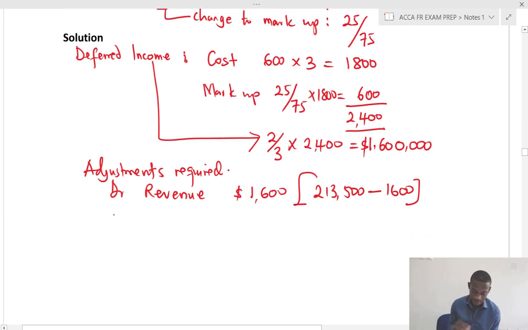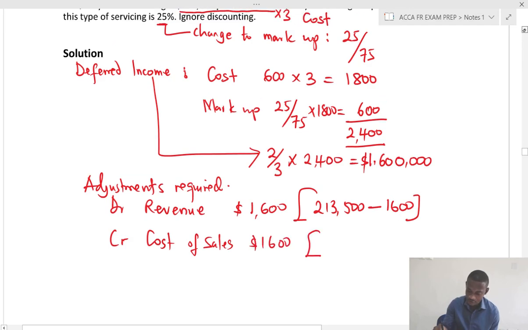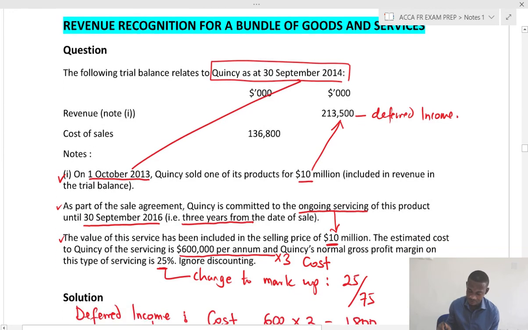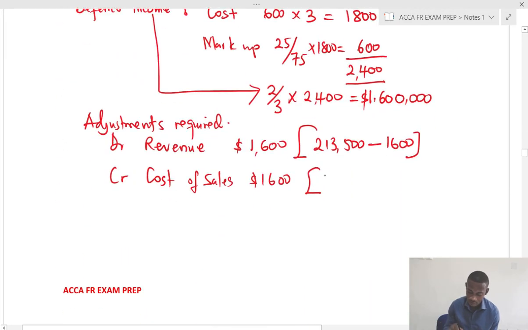Again, because it's in revenue, we have it in cost of sales. So we have to deduct from cost of sales. So we'll credit cost of sales to deduct it from it. So the cost of sales you see on the face of the trial balance, 136,800. Again, we deduct 1,600 from it. That will give us the adjusted cost of sales.